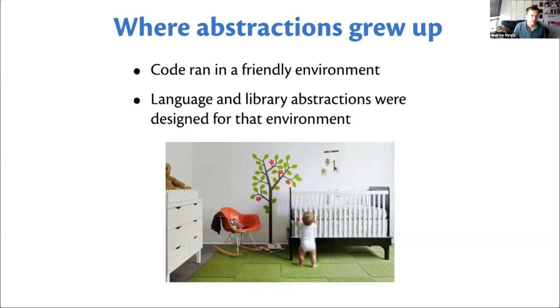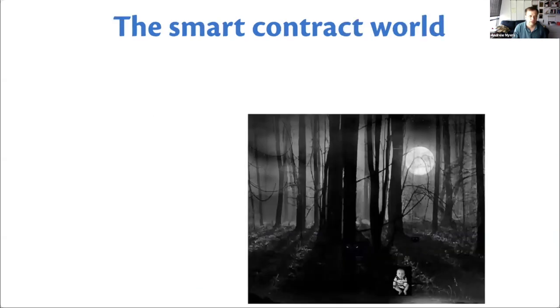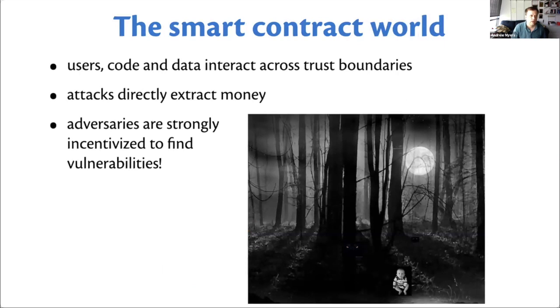live in. So smart contracts are being used to manage a lot of value, but the abstractions that we use for building programs, the kinds of things that are taught in CS 100 for appropriate values of 100, are this very friendly environment where you're not dealing with adversarial code, whereas the world the smart contracts live in is much more adversarial.